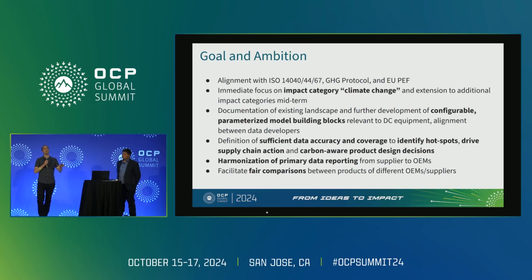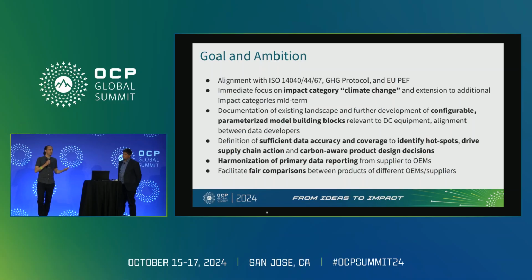So we want to leave the door open and see what other impact categories might be relevant for the data center equipment sector. And we're working towards a configurable, parameterizable model building block system, a difficult one, and to align with data model developers in the sector.